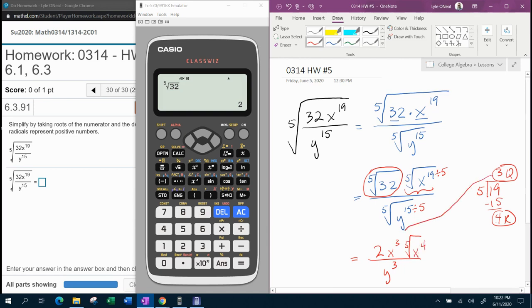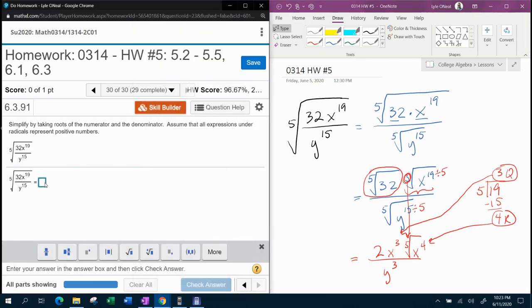The quotient is the exponent outside the radical, and the remainder is the exponent inside the radical. Also notice that the index has to remain. The most common mistake people will make here is they will drop the index, but that 5 has to stay there, okay? And so now we're going to see if that is the right answer simplified completely.